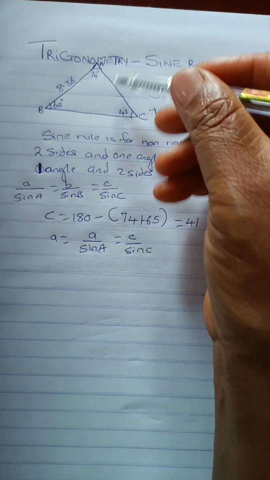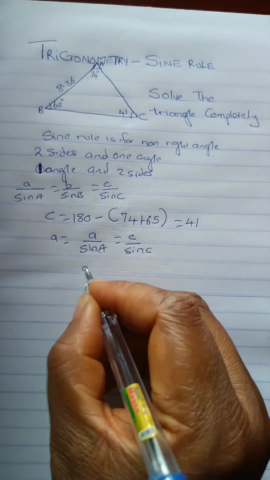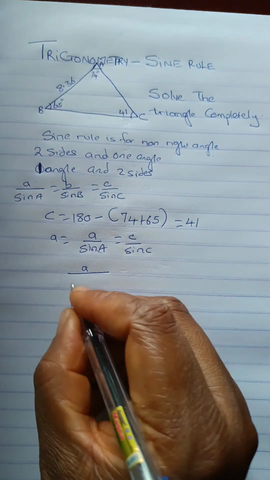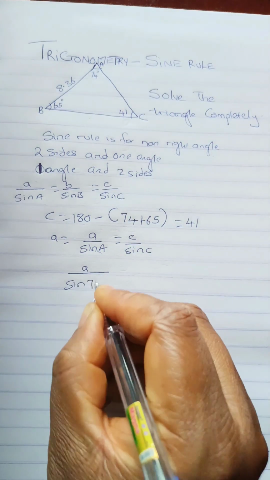We don't really have small a, so it will just be a over sine 74.